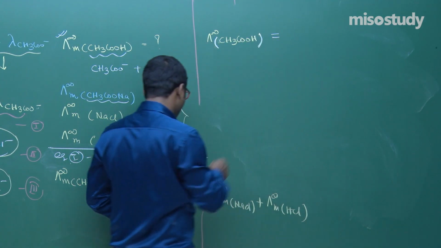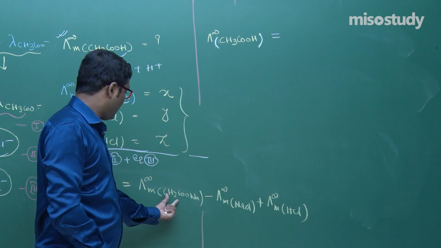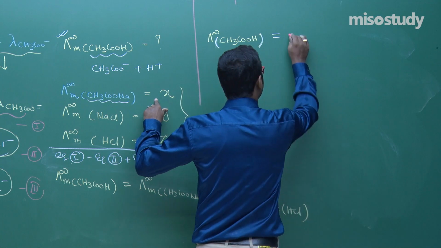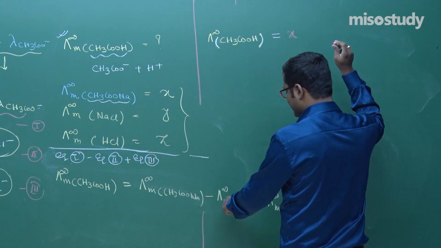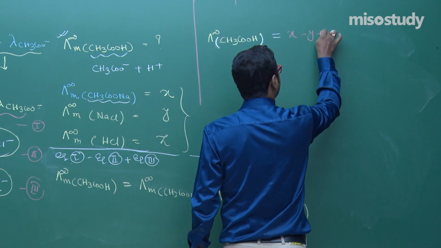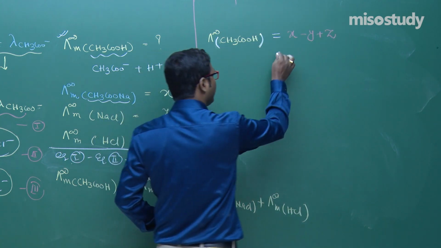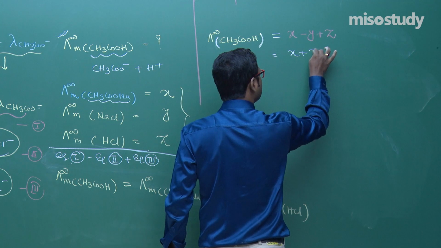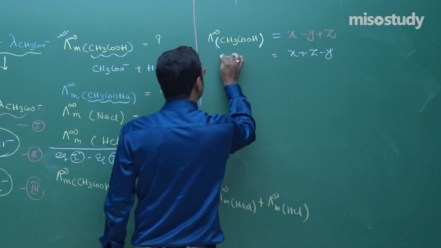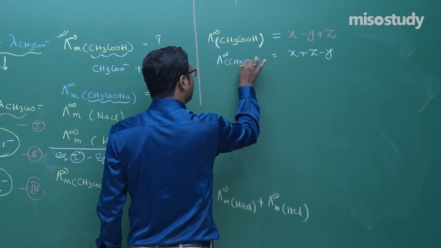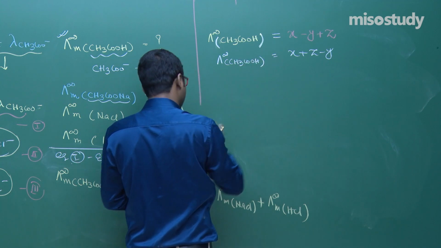It is equal to the molar conductivity of CH3COONa, which is given here as X. What is NaCl? Minus Y plus Z. That is the case. This is the formula. So finally we will write here X plus Z minus Y. This is the molar conductivity at infinite dilution of CH3COOH.